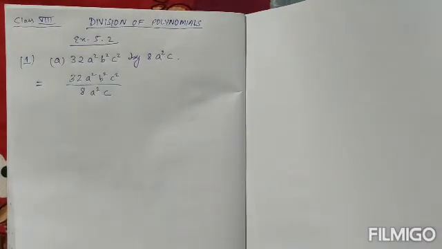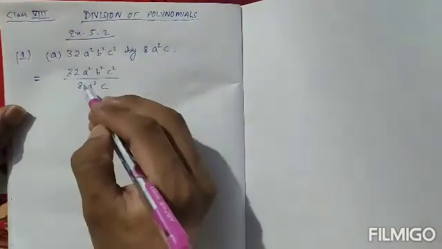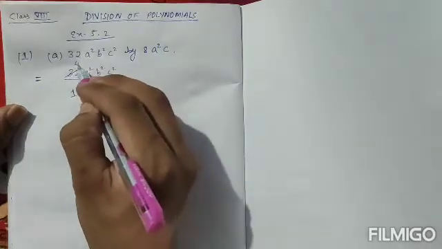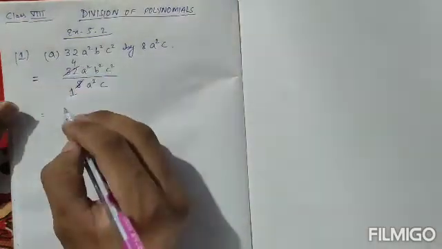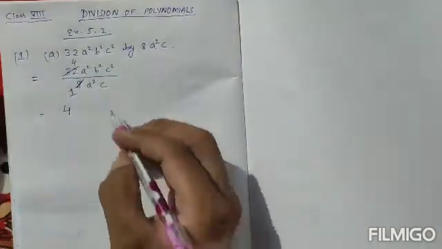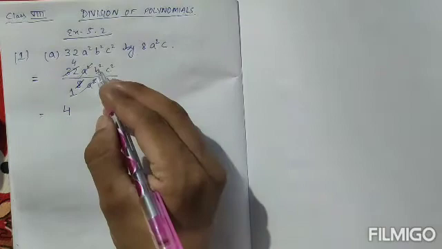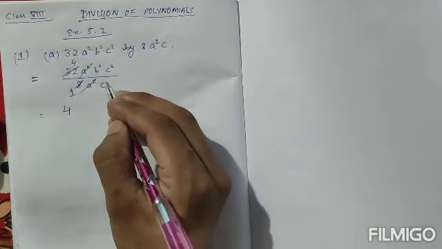This means division, right? Next, you can cancel: 8 1s are 8, 8 4s are 32. So for the constant coefficient you will get 4. From here a square also you can cancel, so a square is not there now. Now b square remains.